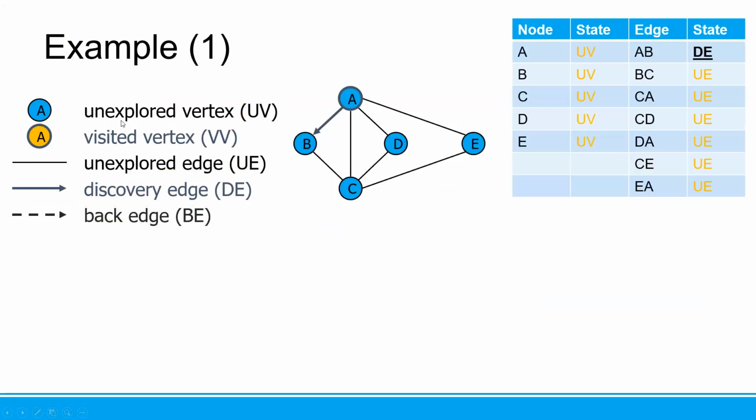Now let's see, this is a graph. Every node A, B, C, D, E has not been explored, so the state is UV, UV, UV, UV, UV.